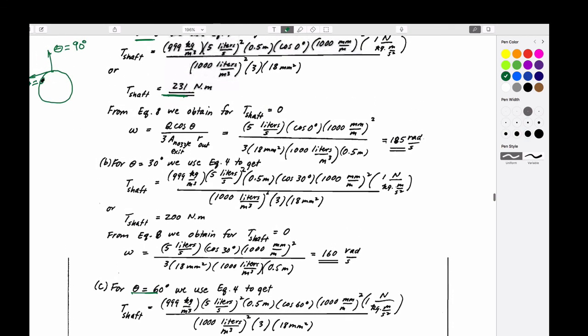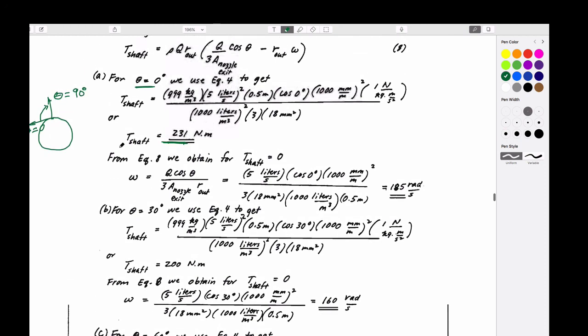Not surprising, as you rotate it around to this point, the torque that you have to apply to keep it in place reduces. Ultimately, if it's 90 degrees, how much is it going to be? 0, right? Likewise, if you allow it to rotate, you could calculate the rotation speed, and you'll find that the maximum speed is at one of those values where it's tangential to the rotation.